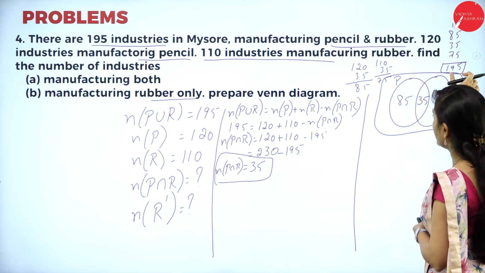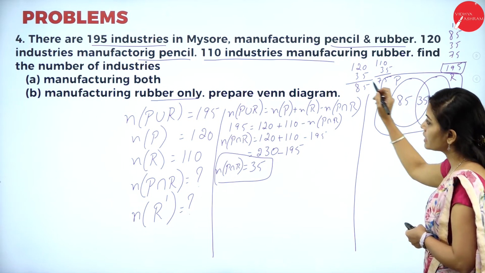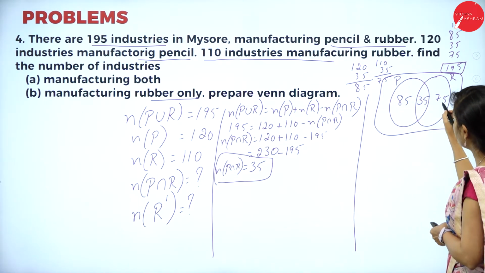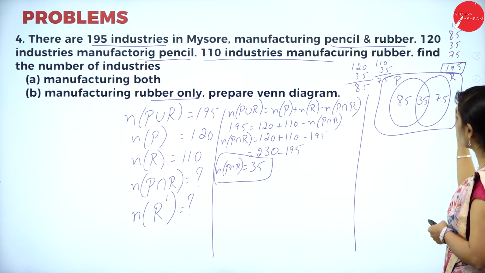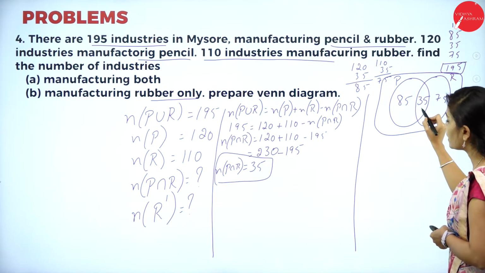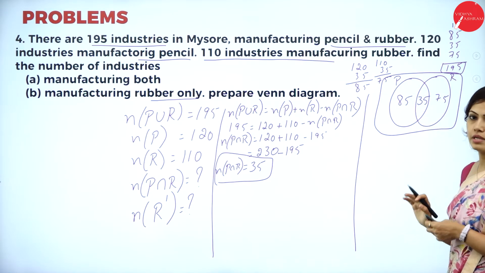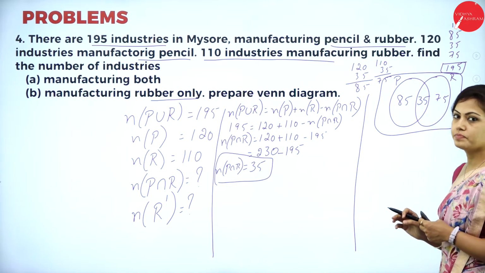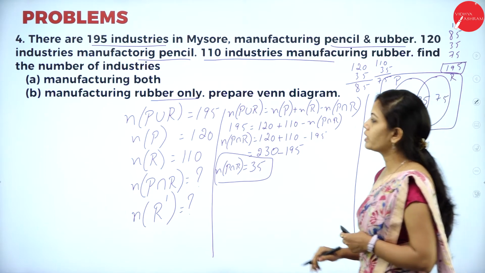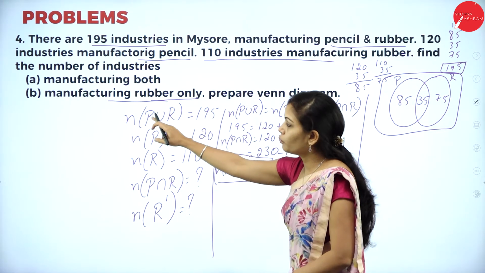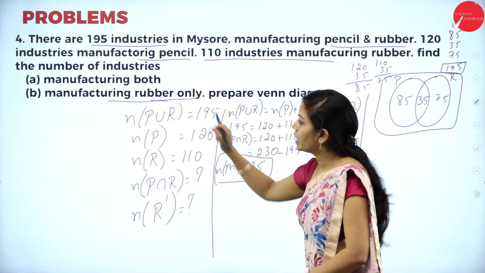So out of 195 industries, 85 industries can manufacture only pencil and 75 industries can manufacture only rubber and 35 industries can manufacture both pencil and rubber. This is your Venn diagram. And also we have one more question here. Manufacturing rubber only. Here we have to find how many industries can manufacture rubber only.